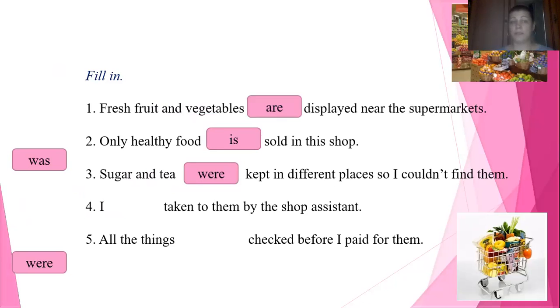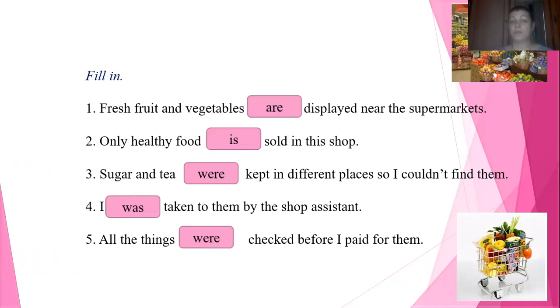I taken to them by the shop assistant. Your choice? Well done. I was taken to them by the shop assistant. And the last sentence. All the things checked before I paid for them. All the things were checked before I paid for them. Super.